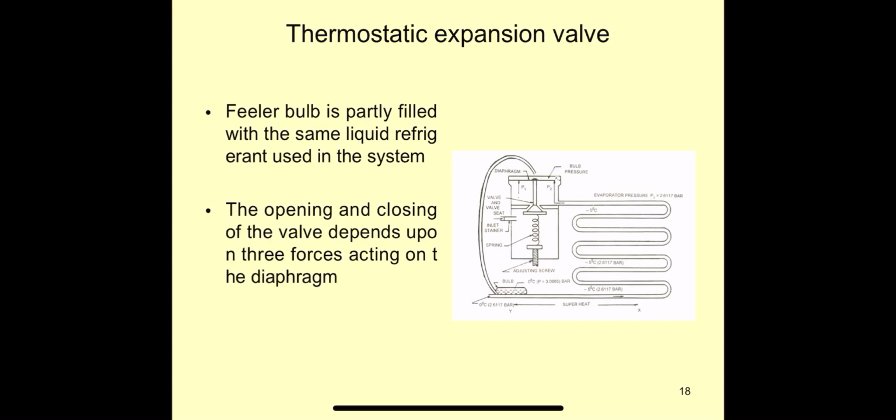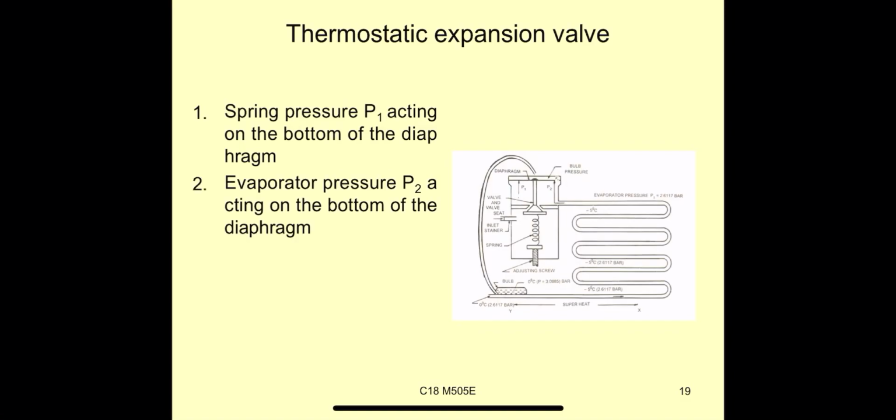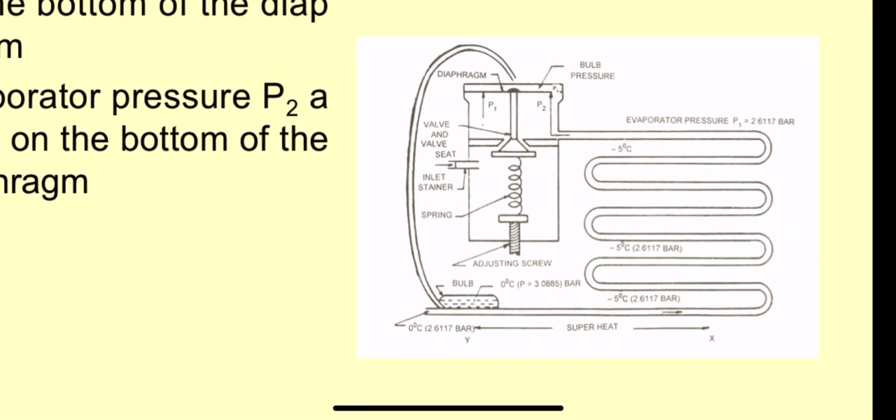The opening and closing of the valve depends upon the three forces acting on the diaphragm. The spring pressure P1 is acting on the bottom of the diaphragm, and the evaporator pressure P2 is also acting on the bottom of the diaphragm.